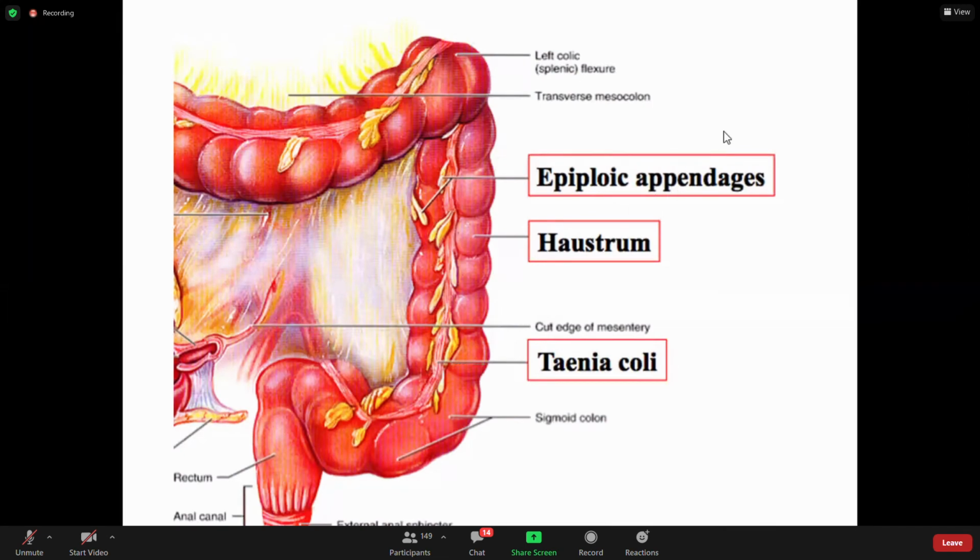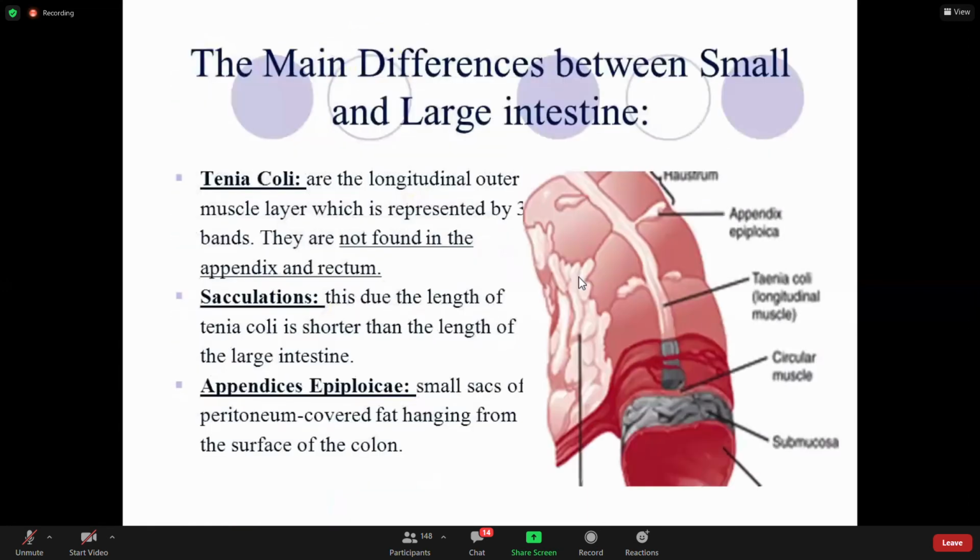So these are three cardinal features other than the length, the size of the lumen, the mobility, the presence or absence of villi, or the presence or absence of Peyer's patches. These are characteristic features which you need to understand and which are helpful in differentiating between small and large intestine.